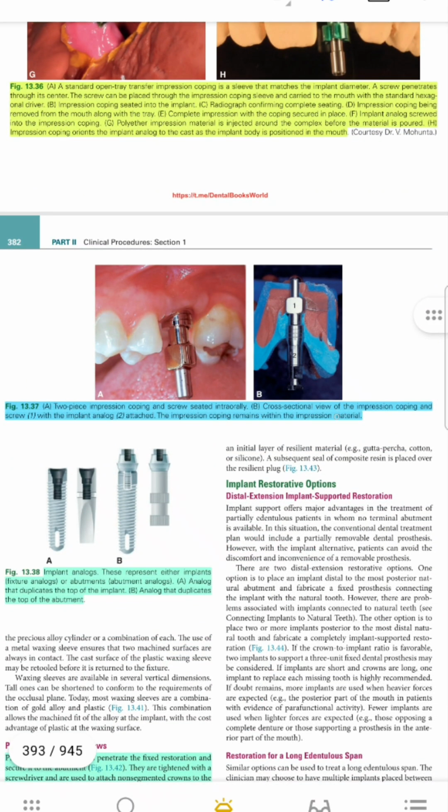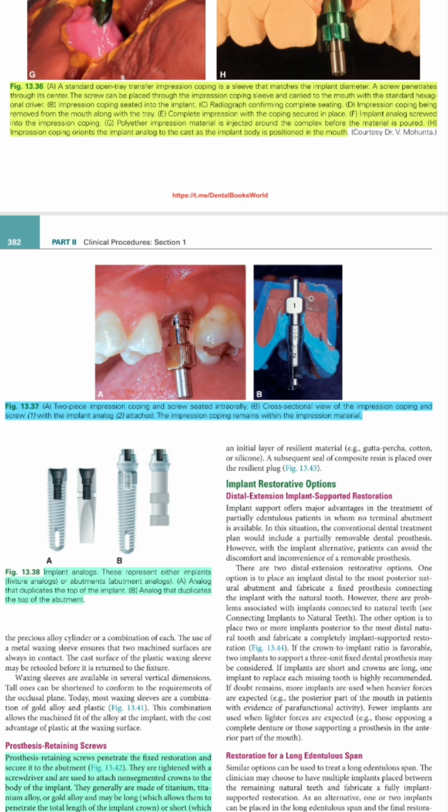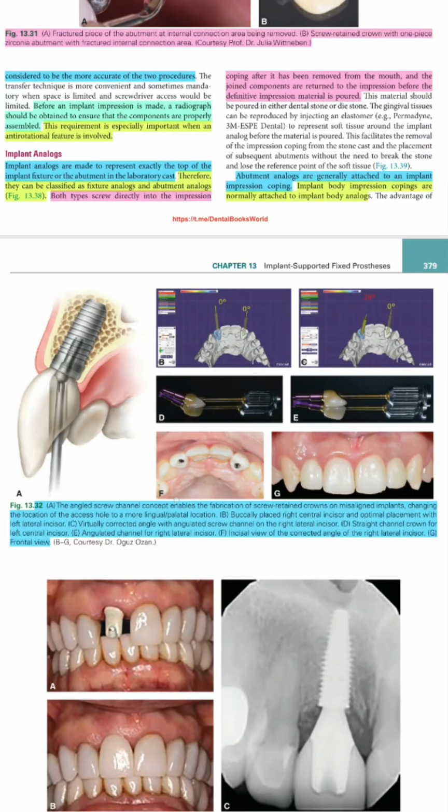And this is a cross-section view of the impression where we see the transfer inside the impression, and the analog that is attached to it. This is a case of an angled screw abutment where we have two implants of the laterals.